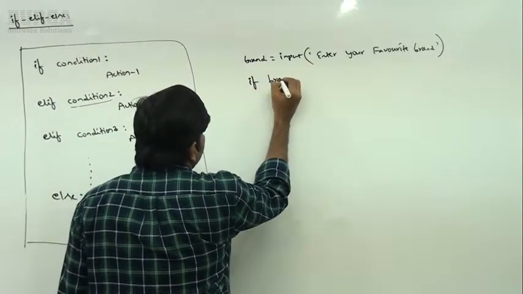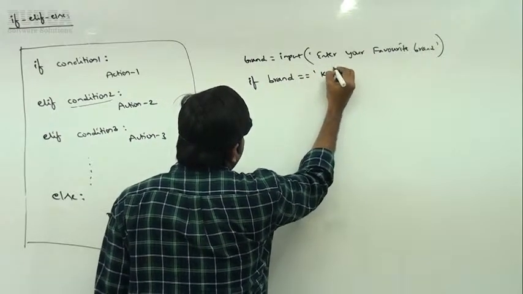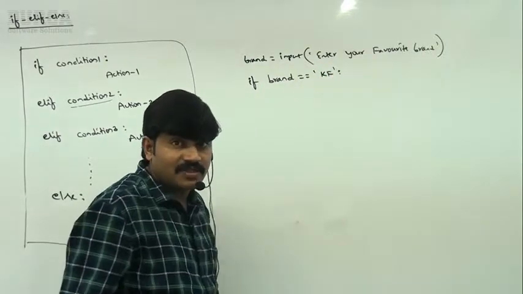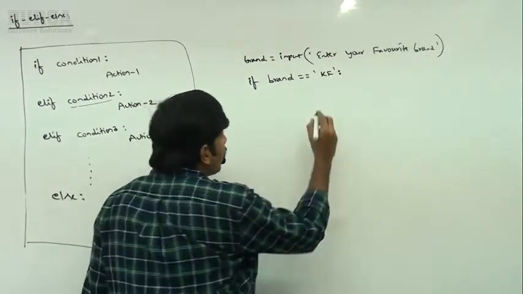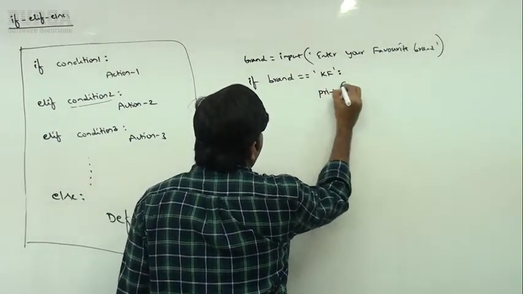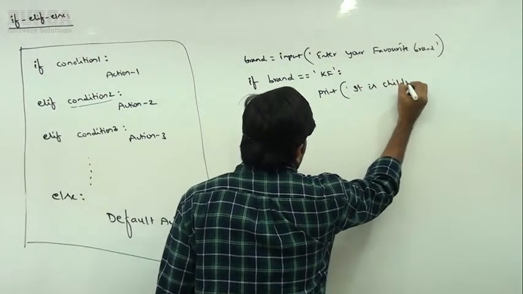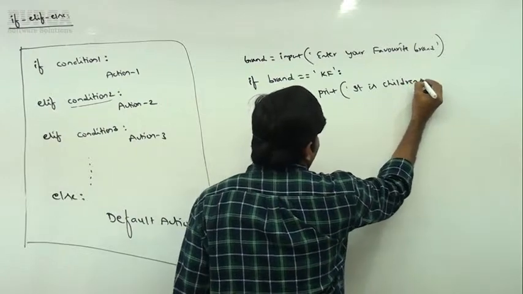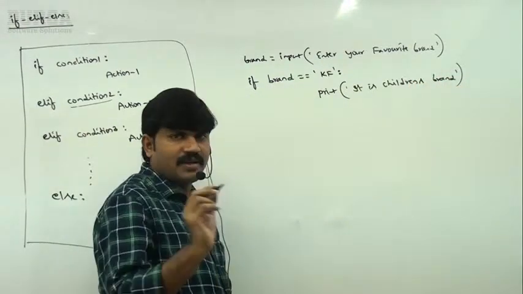If brand is equal to KF, which means Kingfisher, print "It is children's brand", a kids brand.